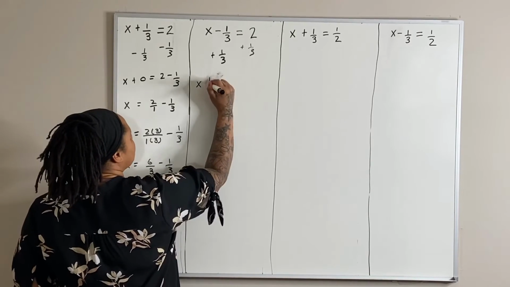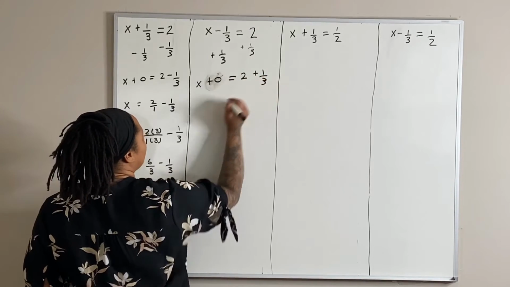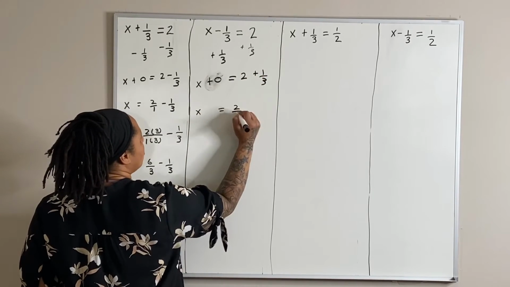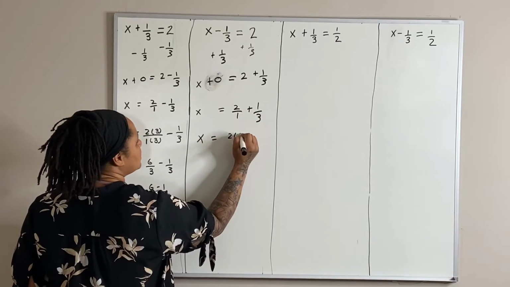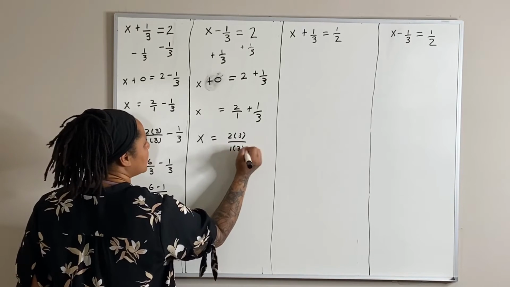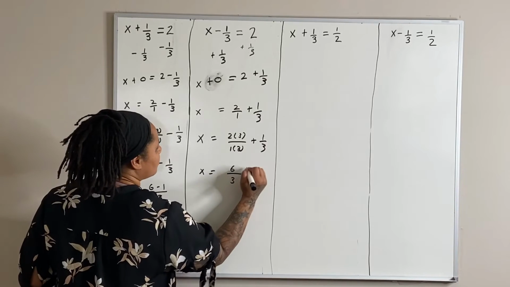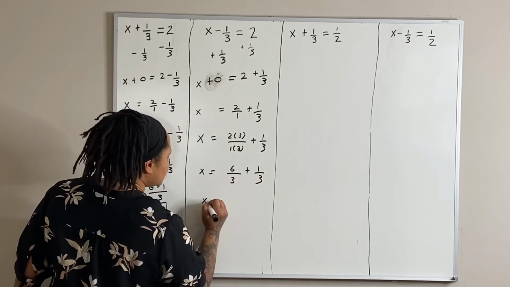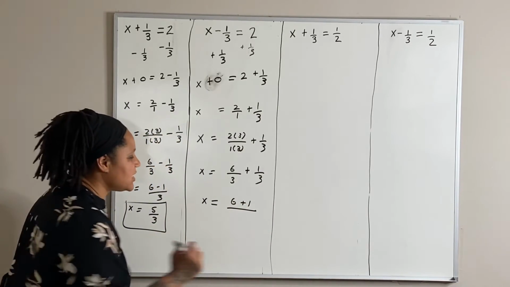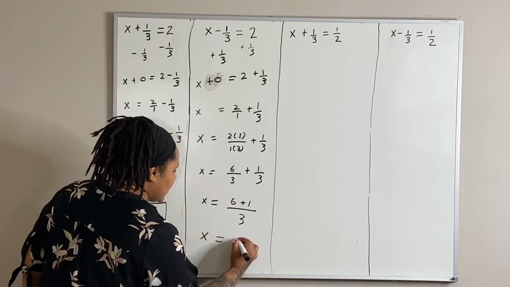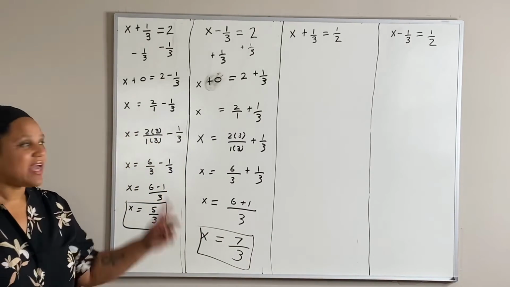So we have x plus 0 is equal to 2 plus 1/3, which means we have x is equal to 2 over 1 plus 1 over 3, which means we have x is equal to 2 times 3 all over 1 times 3 plus 1 over 3, which means we have x is equal to 6 over 3 plus 1 over 3, and we have x is equal to 7/3. There we have it.